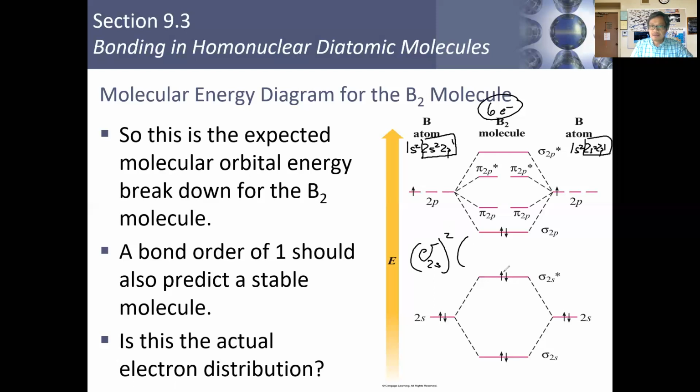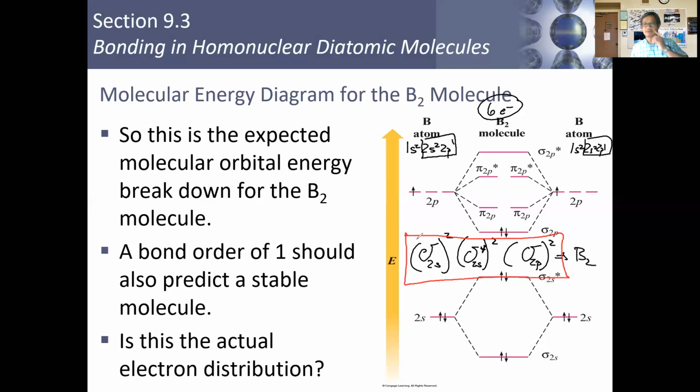Okay, in the sigma 2s antibonding orbital, we have 2 electrons here, and then finally in the sigma 2p bonding molecular orbital, we're going to have 2. So that accounts for the 6 valence electrons, and so that is the electron configuration for diboron. And so we need to be able to write these, folks.